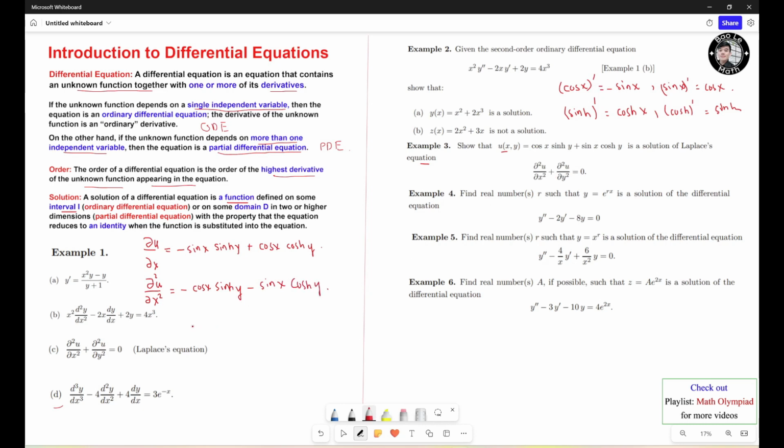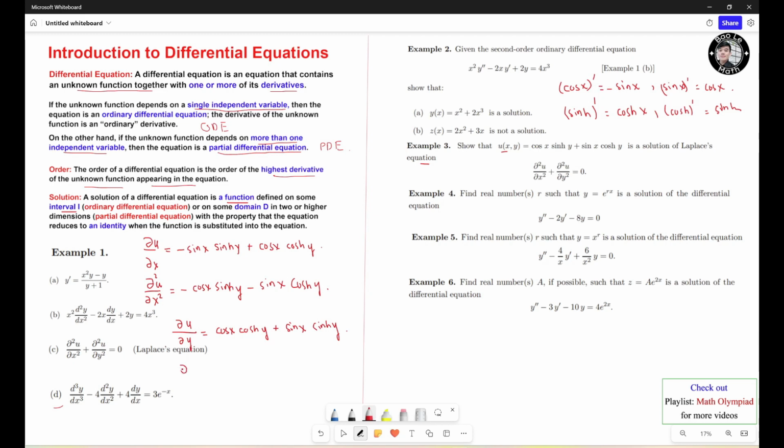Now check the first derivative of u with respect to y. It turns out to be cosine s hyperbolic cosine y plus sine s hyperbolic sine y.